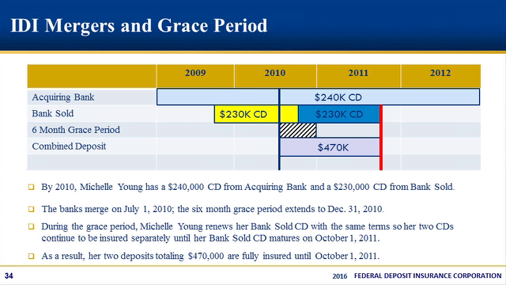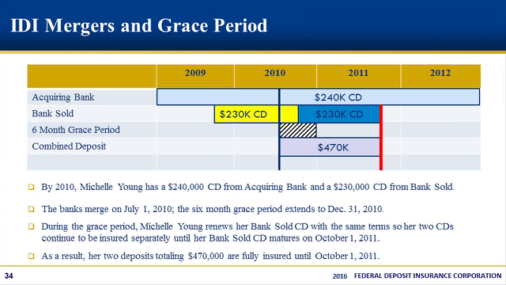Remember, under FDIC rules, CDs that mature during the 6-month grace period and are renewed for the same term and in the same dollar amount, either with or without accrued interest, continue to be separately insured until the first maturity date after the 6-month period. On this slide, the renewed CD for $230,000 is represented in blue.